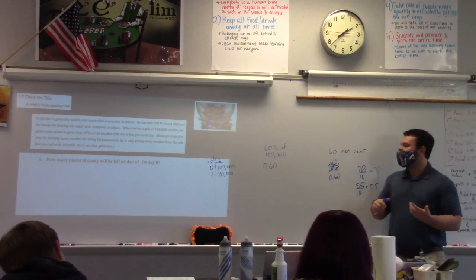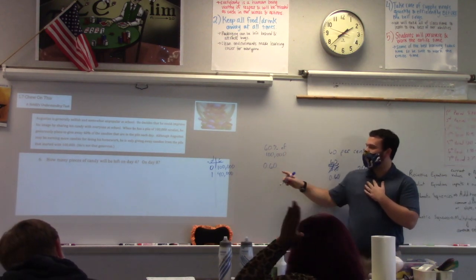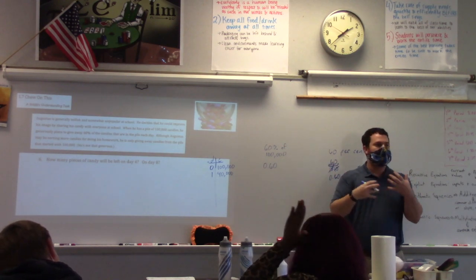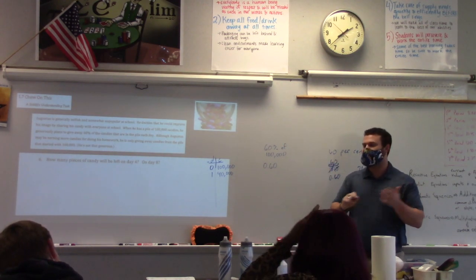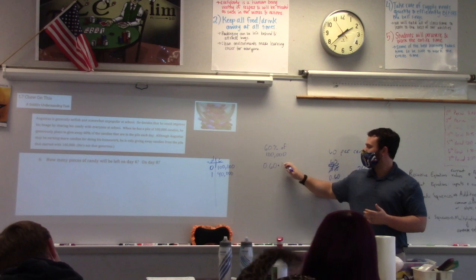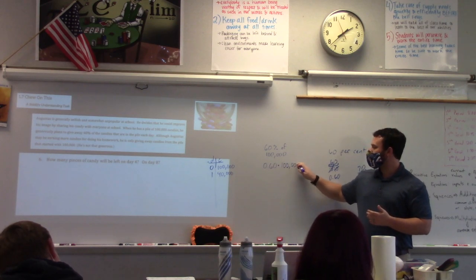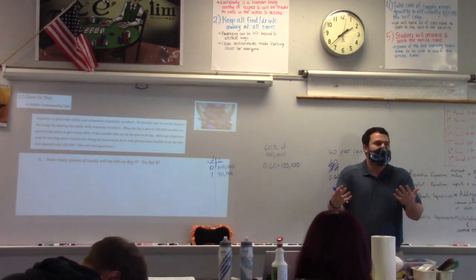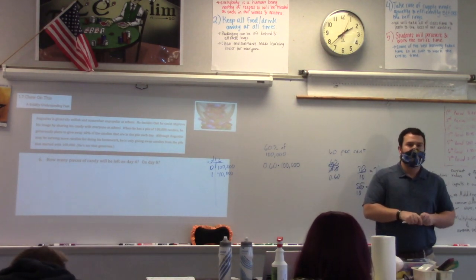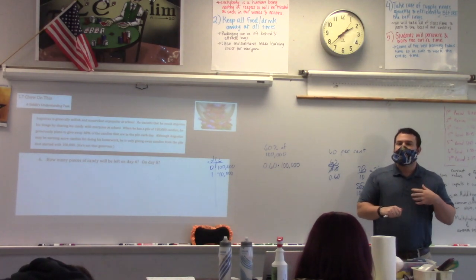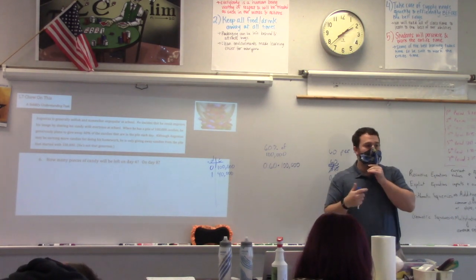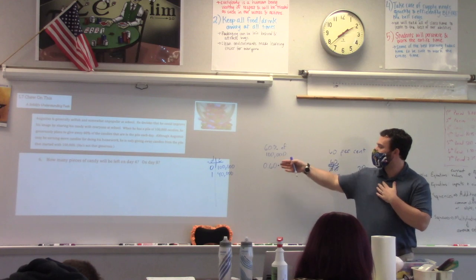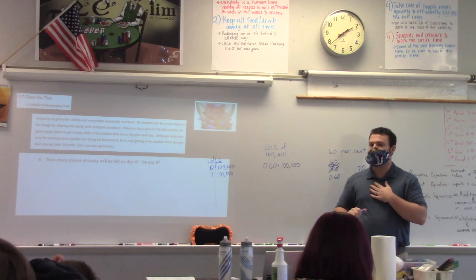But at this point, I will say it's 60% of 100,000. We just said a percent of is what mathematical operation? Multiplication by 100,000. Now, some of us may know that off the top of our heads, but if you don't, what's in this classroom to help you out? Calculators, right? So if you need a calculator, I'm totally okay with that. Get it out. But what is 60% of 100,000?